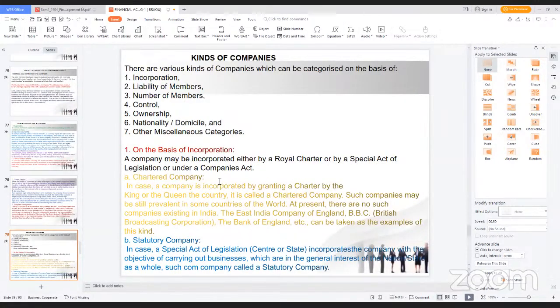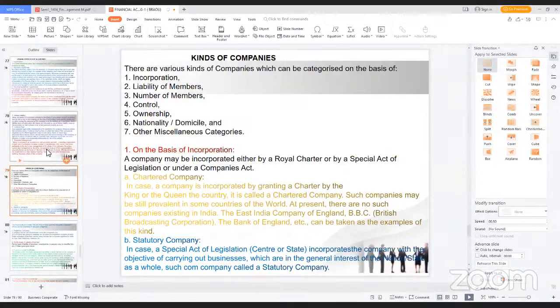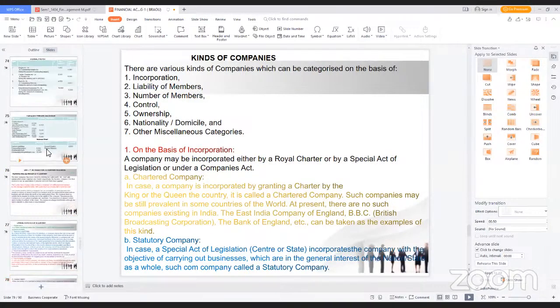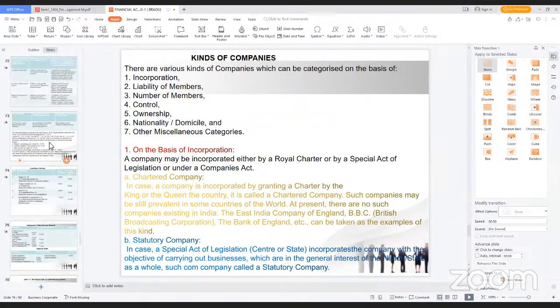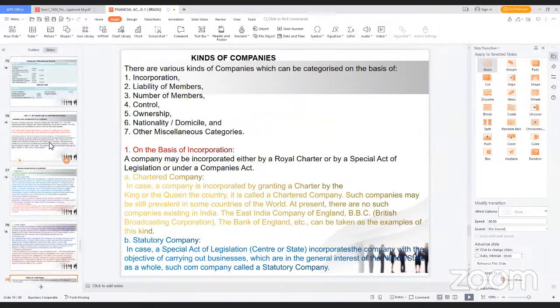So in the next class, we are going to start with the kinds of companies. So now I'll stop with this. So this is what a company is: what is the meaning of a company, what is the definition of a company, and what are the characteristics of a company.